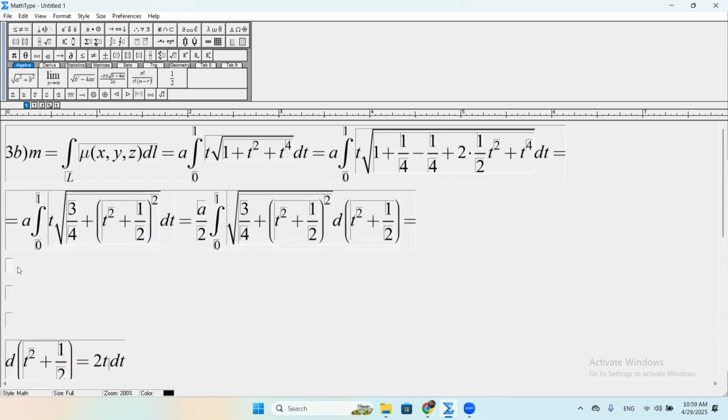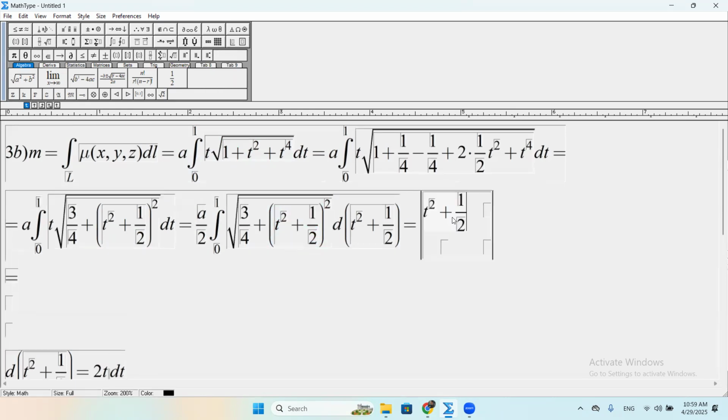So the substitution will be the following. t square plus 1 over 2 equals s. Then when t equals 0, s will be equal to 1 over 2.